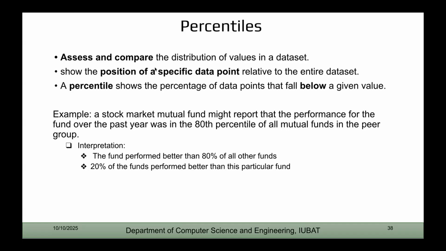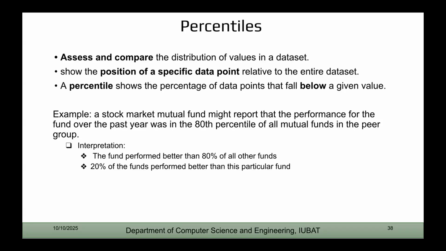We will go deeper, but before that, percentiles show the position of a specific data point. Let's say you have some different numbers. For a specific number, say the 10th or 5th number, what is its position in the entire data set?